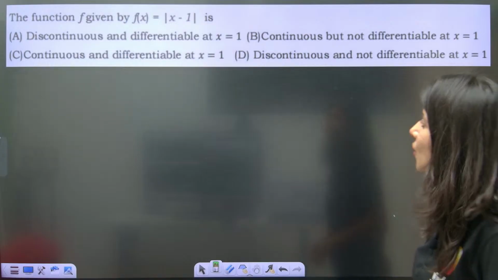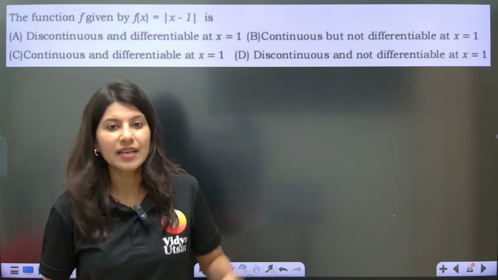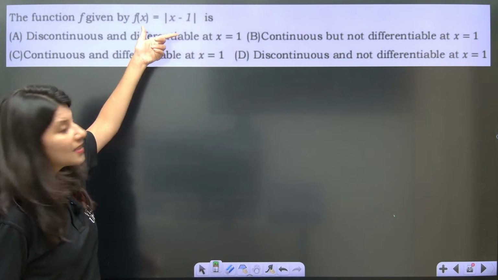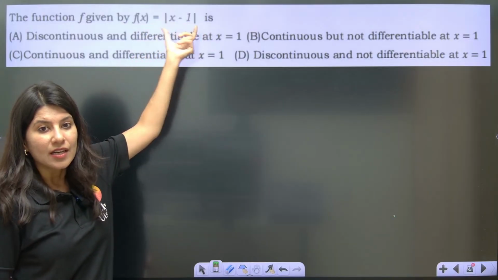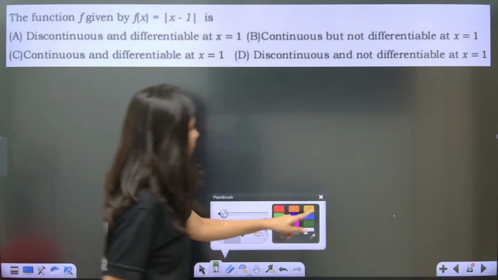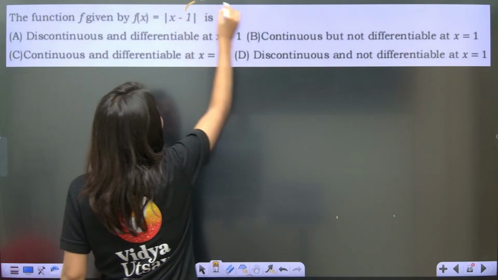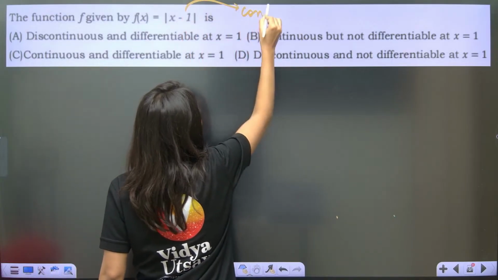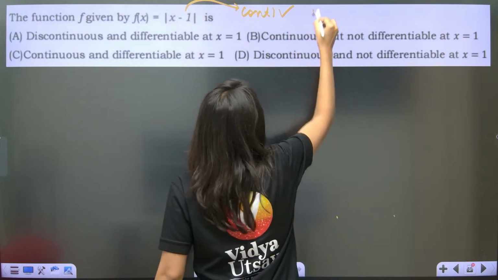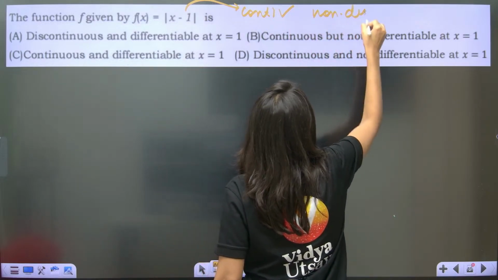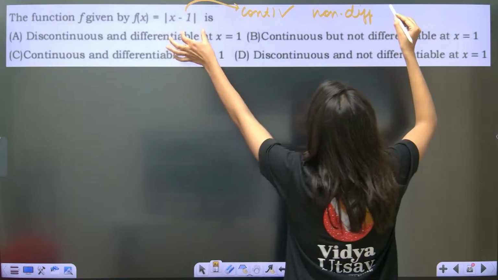A function f given by f(x) equals mod x minus 1 is obviously a continuous function everywhere. But it is non-differentiable at what point? At the critical point. What is the critical point?